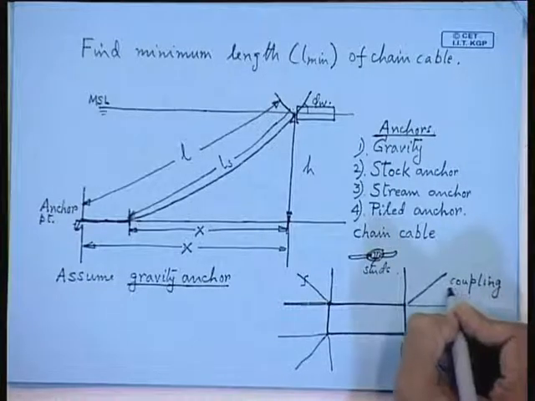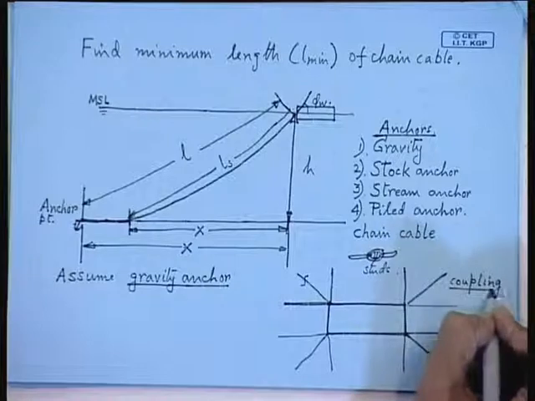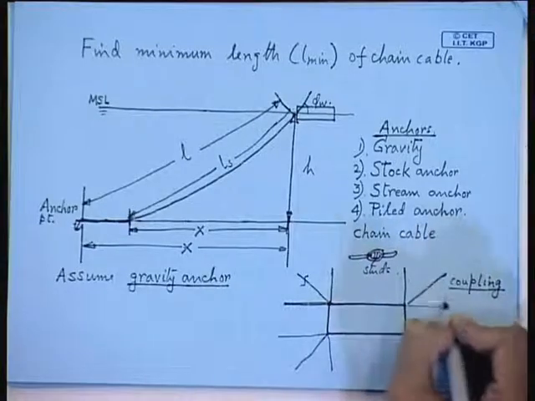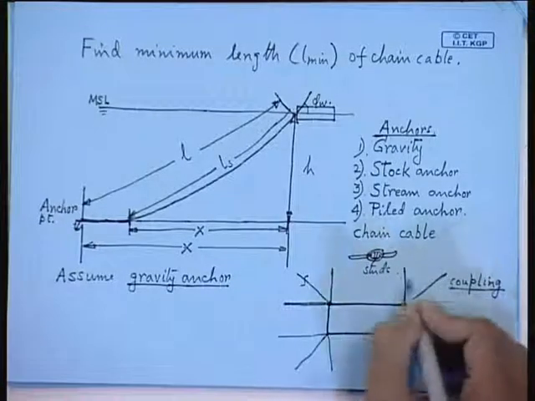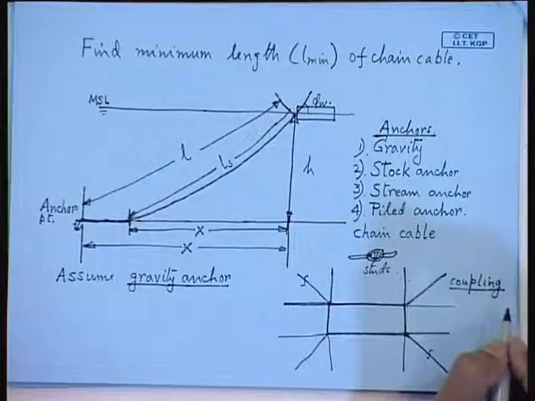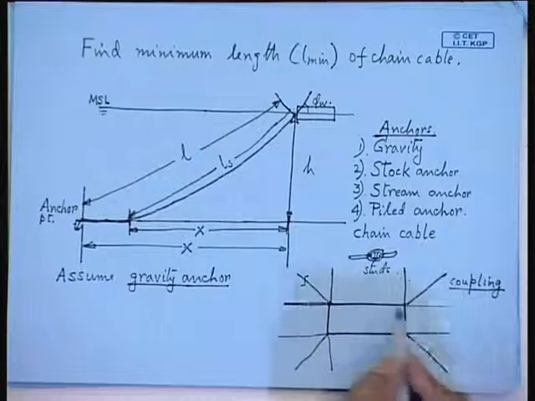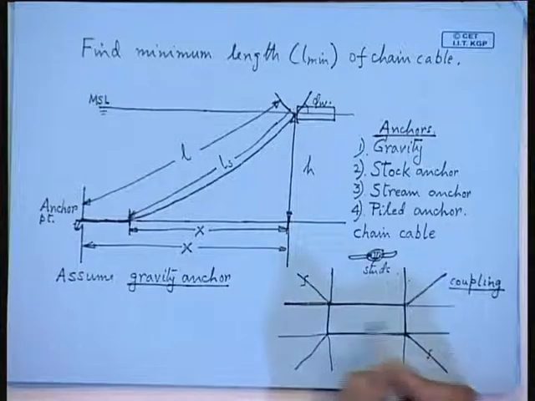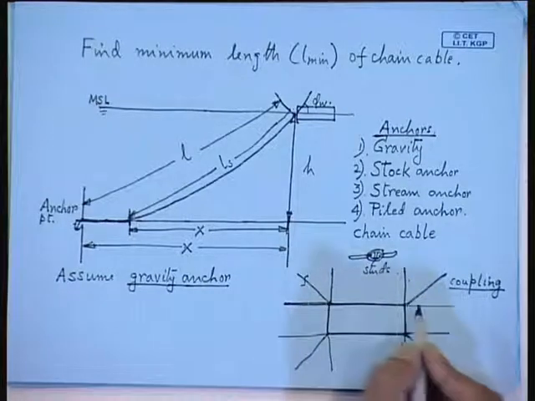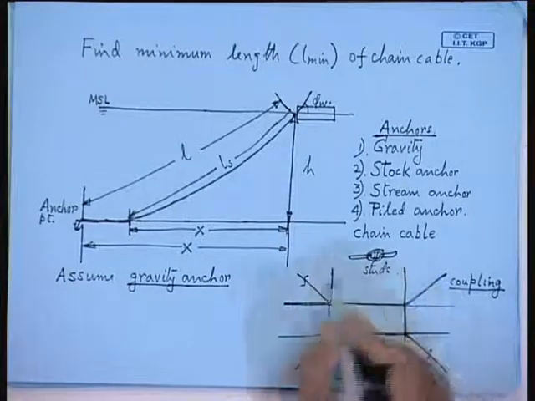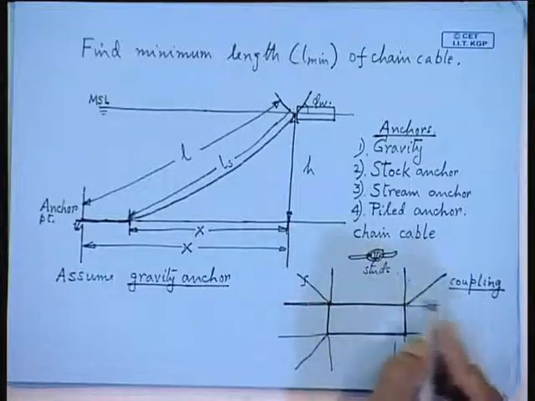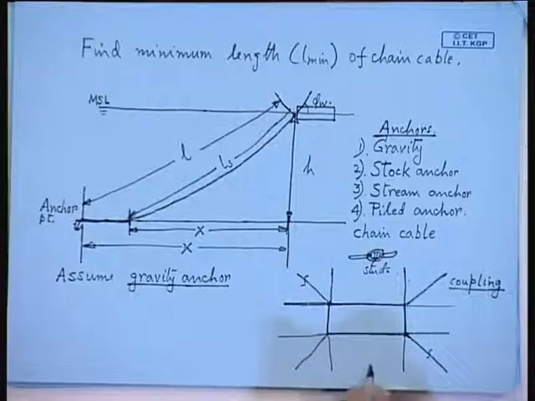So the whole mooring system, if you want to analyze, you have to analyze all the chain cables and all the forces coming from all these chain cables to the ship, and whether you are able to restrict the response of the ship sufficiently. All these chain cables will exert what is called a springing force.